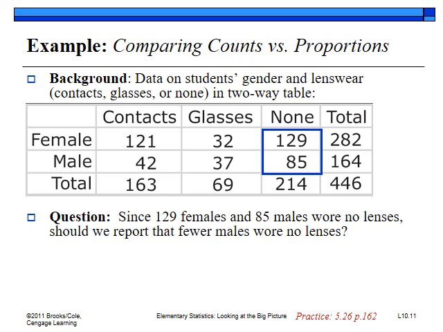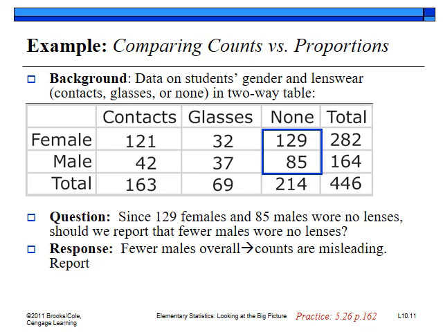Should we make the claim that fewer males wore no lenses? But using counts can be misleading because the total values, in other words, the total number of females and the total number of males, is different. So looking at the raw numbers, those counts, isn't good enough.